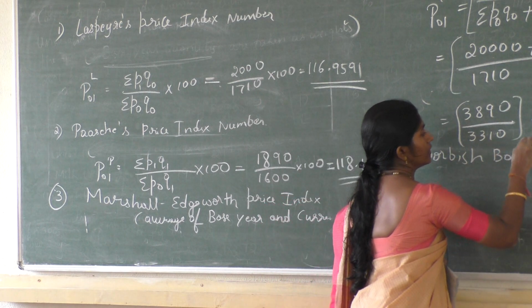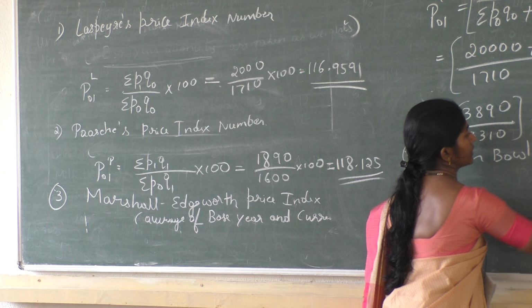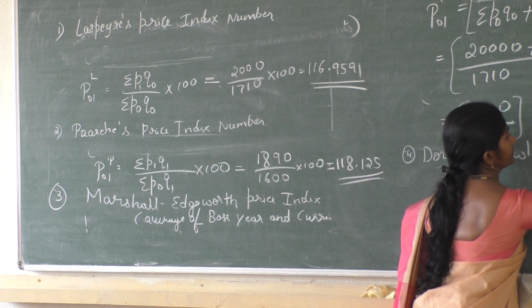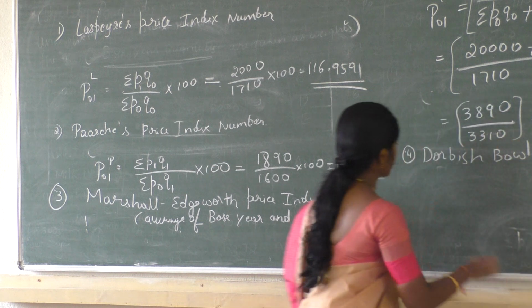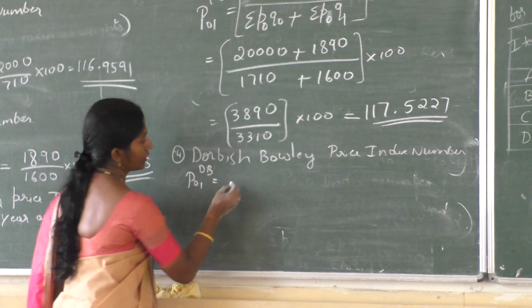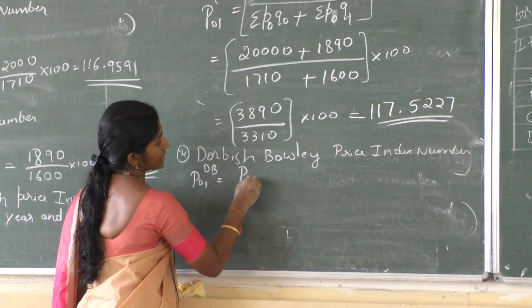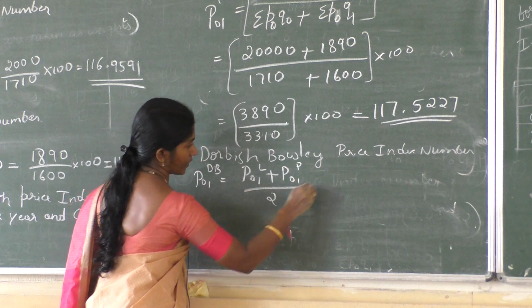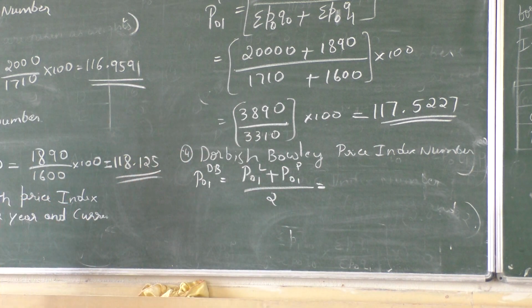Dorbish-Bowley price index number. P01 of Dorbish-Bowley equals P01 of Laspeyres plus P01 of Paasche, divided by 2, the arithmetic mean of Laspeyres and Paasche.